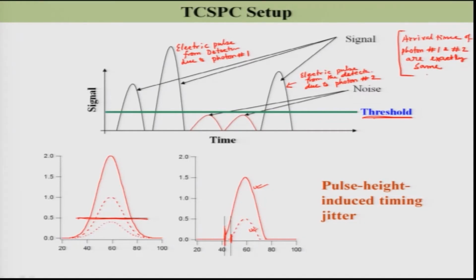So, when they arrived exactly at the same time, now I am not considering this transit time spread, I am considering the amplitude of this signal, because they have a variable gain. So, in this case for photon number 1, the gain was more than photon number 2.